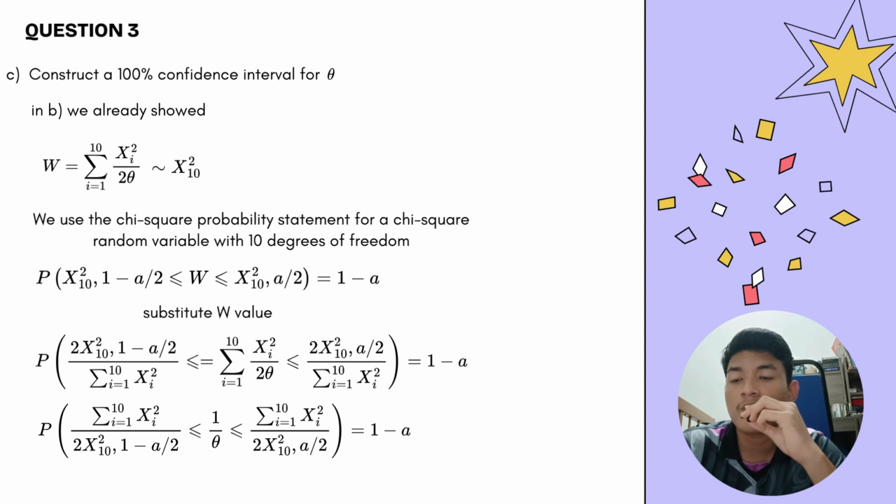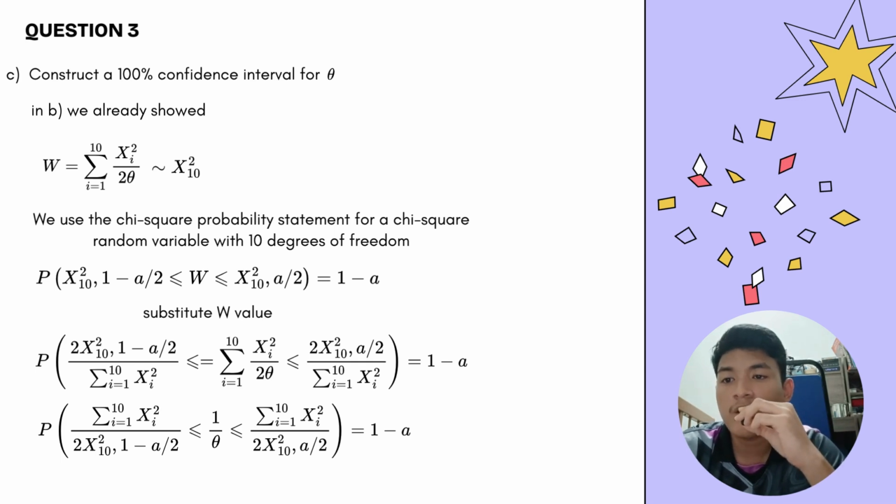So in this question, we will use the chi square probability statement for a chi square random variable with 10 degrees of freedom, and the formula we will be using is fixed for this question, and we need to memorize it because we will use it again and again.